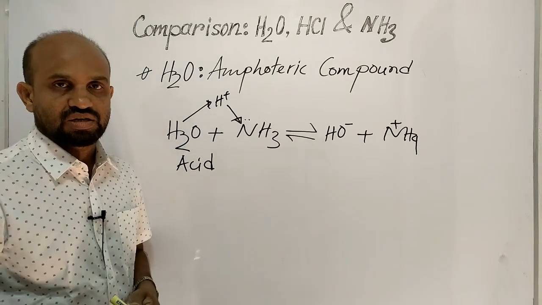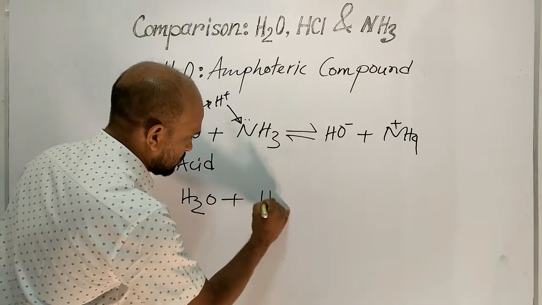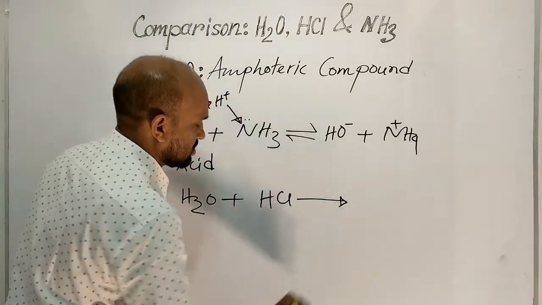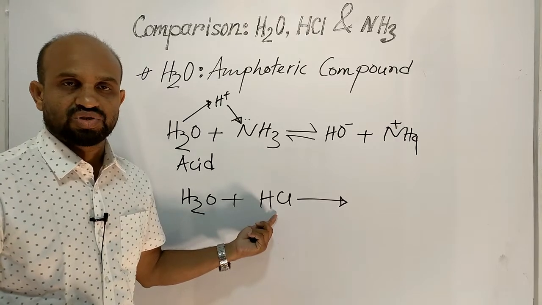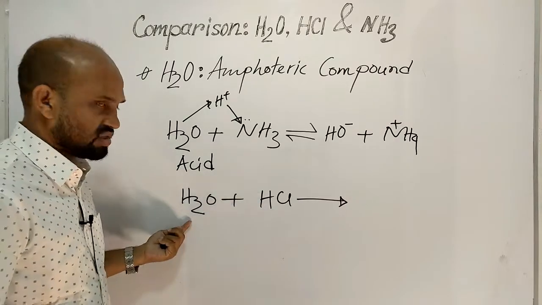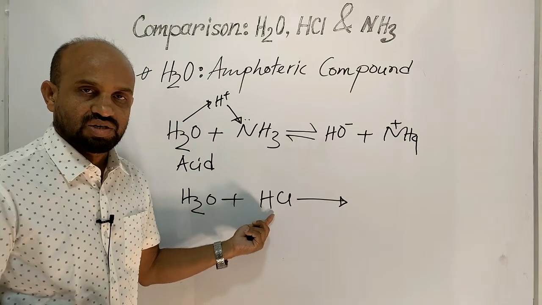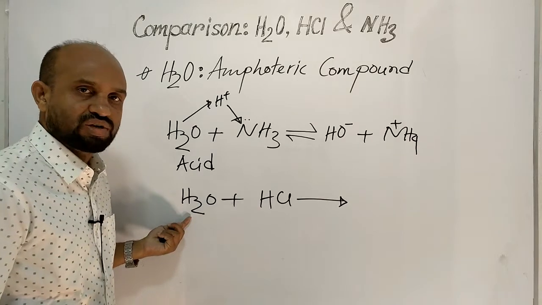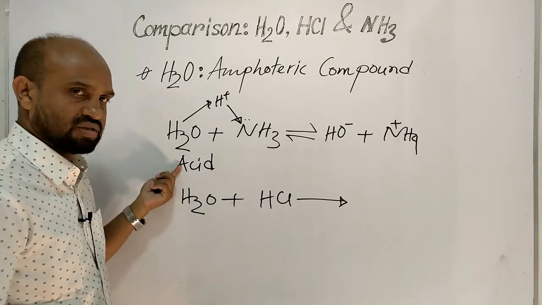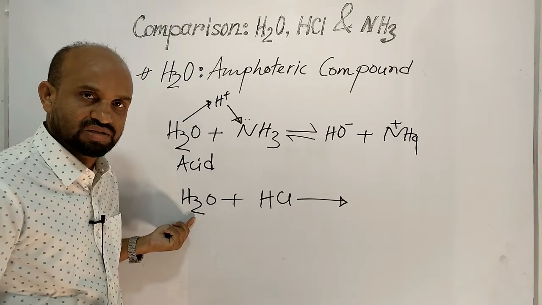If we see another reaction, that is when water is added to HCl, we know that HCl is a kind of stronger acid than water. So in this case, in presence of a stronger acid, water cannot act as acid, rather it will act as base.